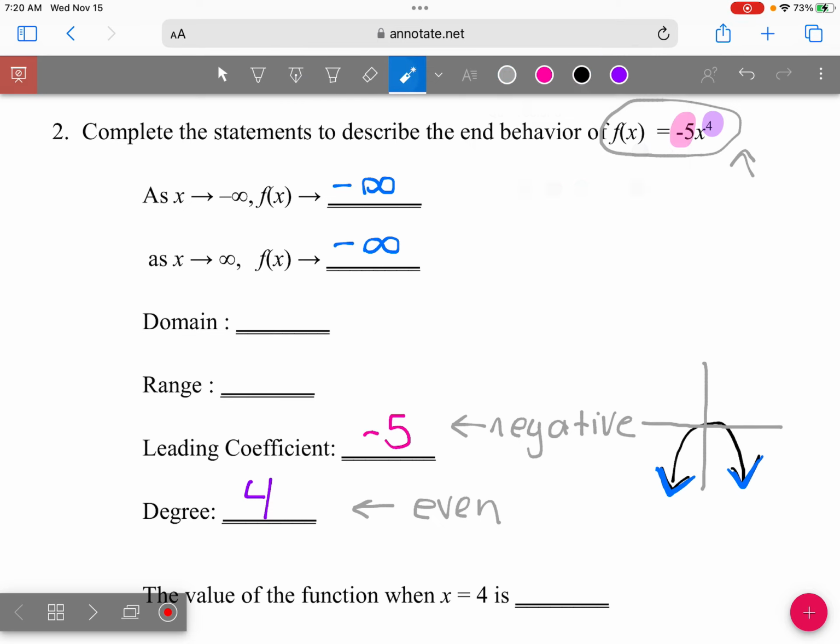But what x values could we use in this? What could be our domain here? All real numbers. This goes all the way out to both sides. So all real numbers. What about for our range here?